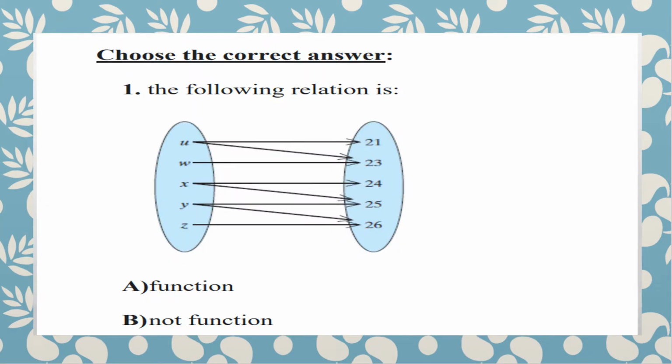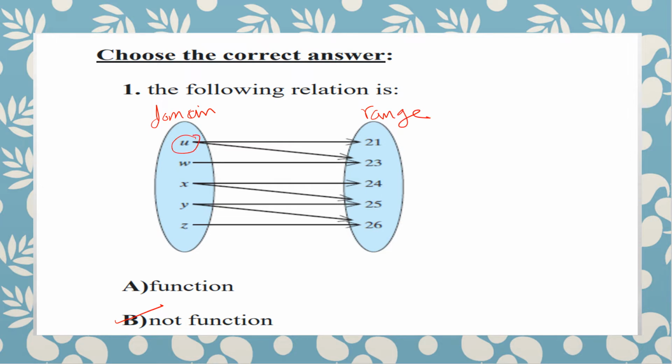Choose the correct answer. The following relation is function or not function. The correct answer is not function, as each element in the domain corresponds to more than one element in the range.